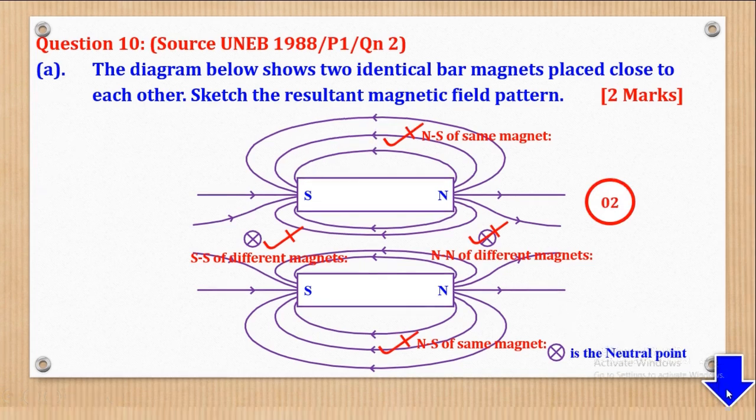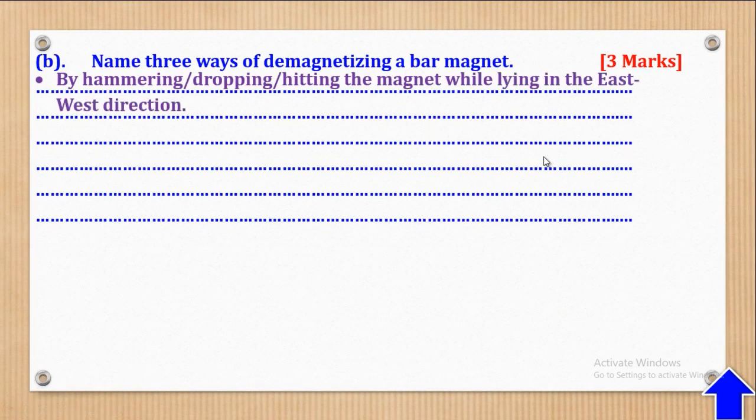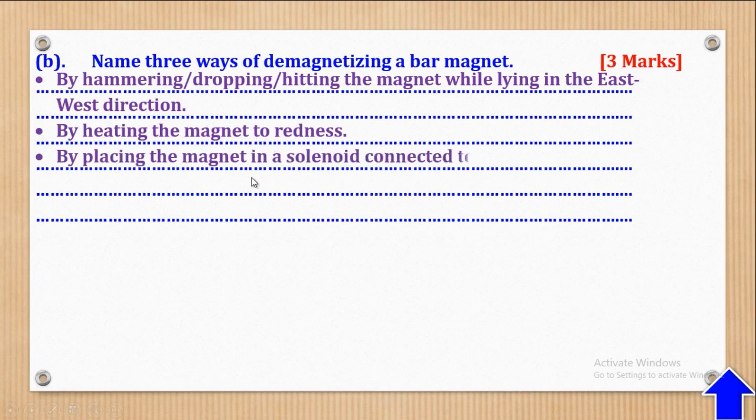Now let's go to part B of the same question. Part B says name 3 ways of demagnetizing a bar magnet. So one is by hammering, dropping, hitting the magnet while lying in the east-west direction. Next, by heating the magnet to redness.